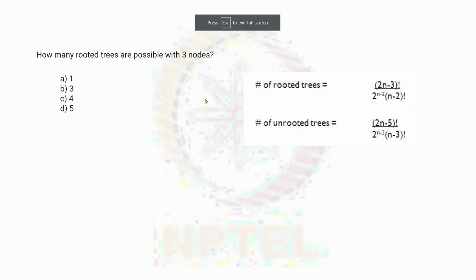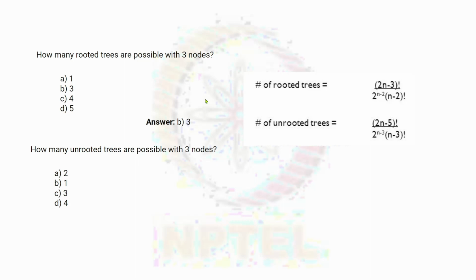With three nodes, we can construct three rooted trees and one unrooted tree. Sorry for the confusion earlier.